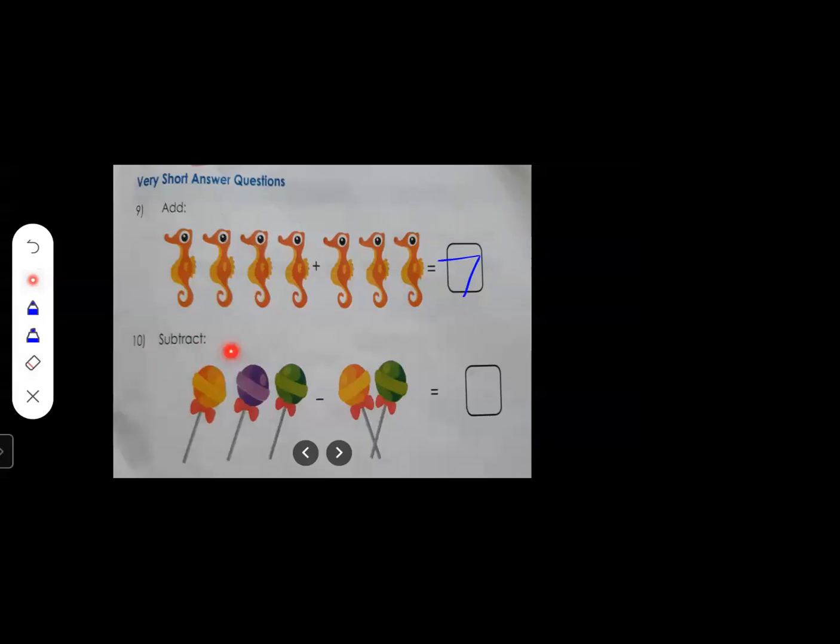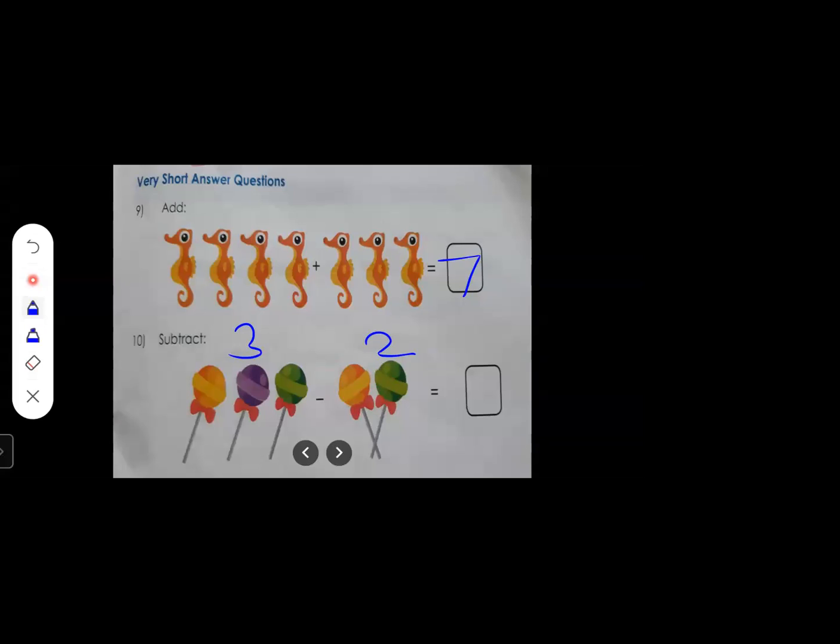Now over here subtract. 1, 2, 3. Your 3 lollipops are there. And here 1, 2, 2 lollipops are there, right? So what we have to do? We have to do 3 minus 2. So take 3 fingers on your hand first. Now close 2 fingers from it.